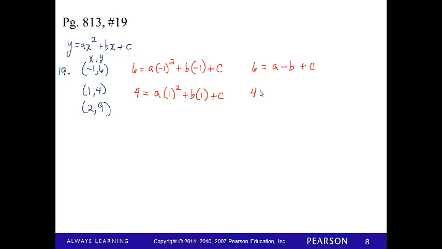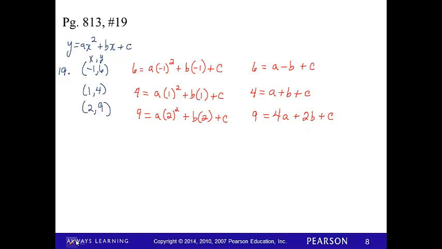So we have 4 equals a plus b plus c. And then for the last, we have 9 equals a times 2 squared plus b times 2 plus c. Clean it up and you have 9 equals 4a plus 2b plus c.